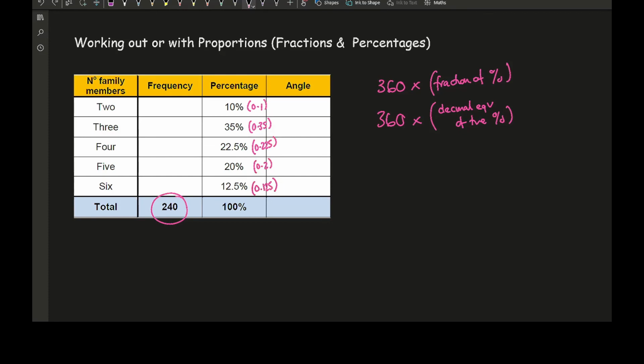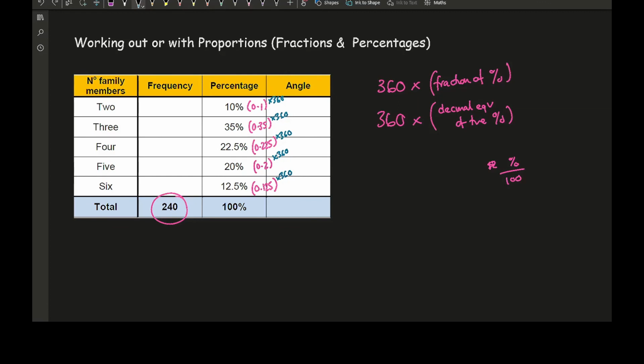And again, if you're not too sure how I've got the decimals, it's simply the percentage divided by 100, and that will give you the numbers I've got in pink. So working out the angles, I just need to multiply these numbers by 360.